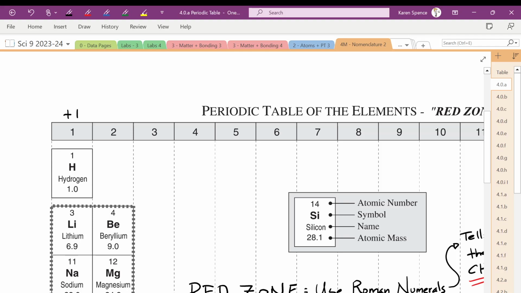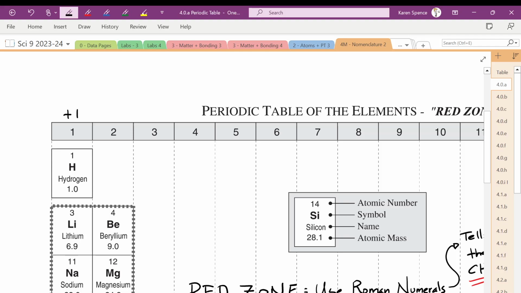Group 2, how many valence electrons in group 2? 2 valence electrons. So in order to empty their shell, what will they do with those 2 electrons? They will lose them. And if you take away 2 negative things, what charge do you become? 2 positive.